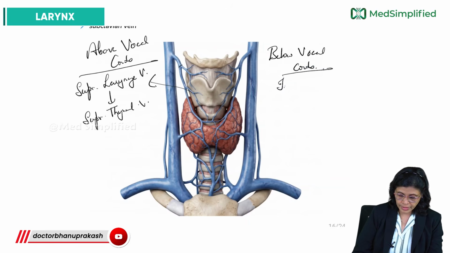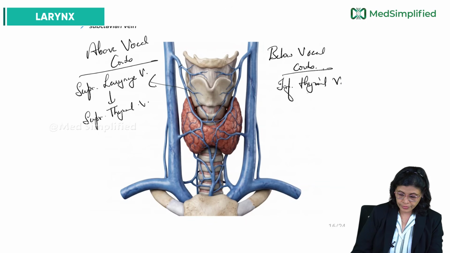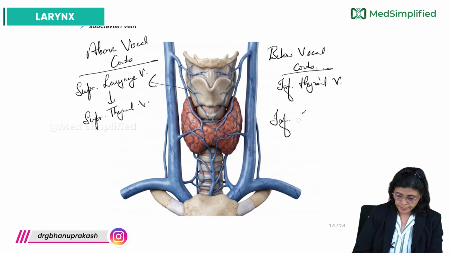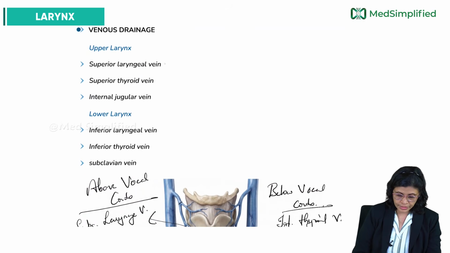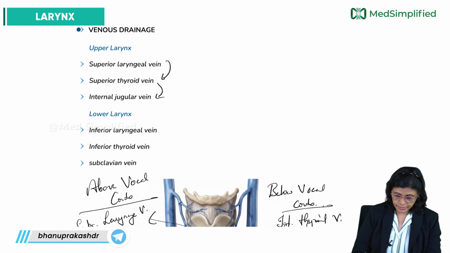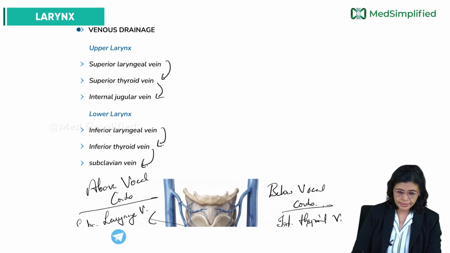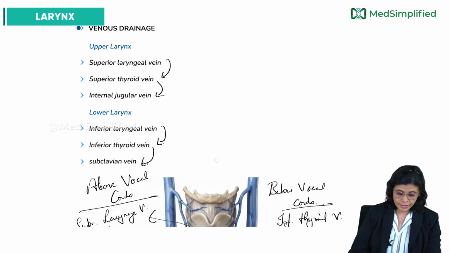So the superior laryngeal vein drains into the superior thyroid, and the superior thyroid will finally drain into the internal jugular. And below the vocal cords, the inferior laryngeal vein goes to the inferior thyroid, and from here to the subclavian. That is about the venous drainage.